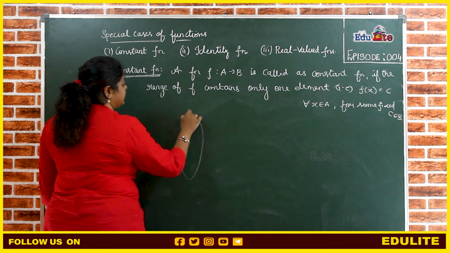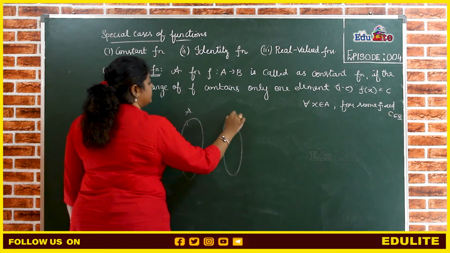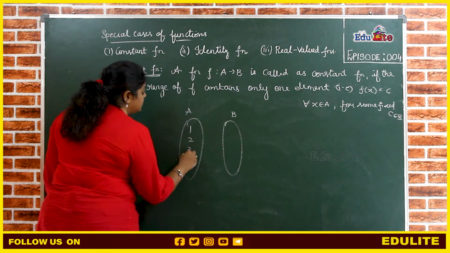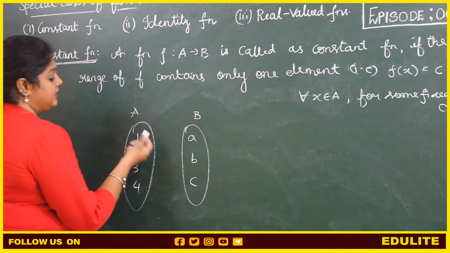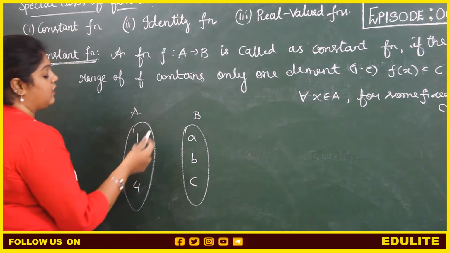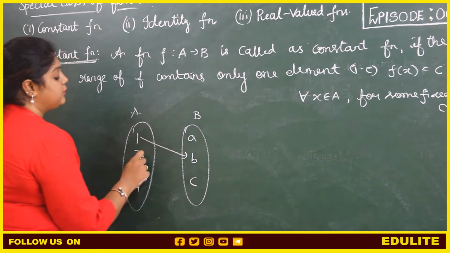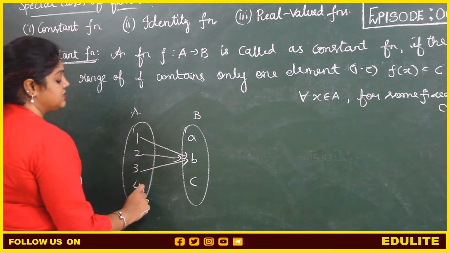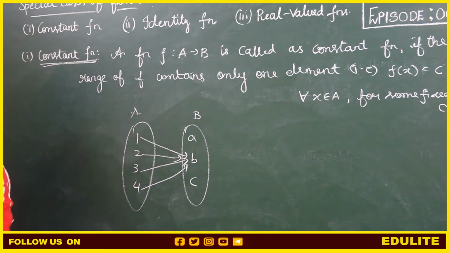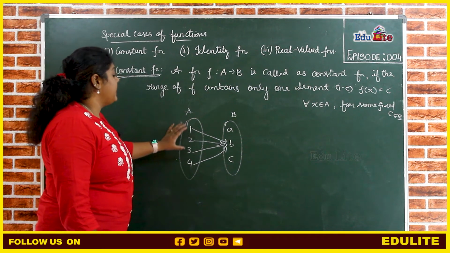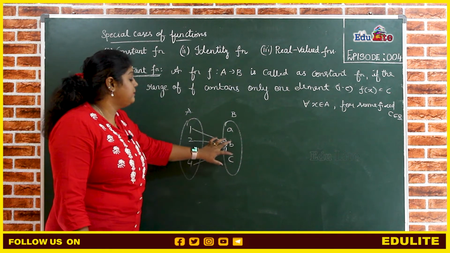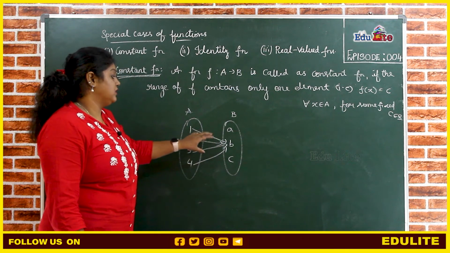I will consider the sets A and B. Set A as 1, 2, 3, 4 and B as a, b, c. So I will consider an example to explain a constant function. 1 is mapped to b, 2 is mapped to b, 3 is mapped to b and 4 is also mapped to b. If you see in this function, all the elements in A have the same image in B, which means this is a constant function.